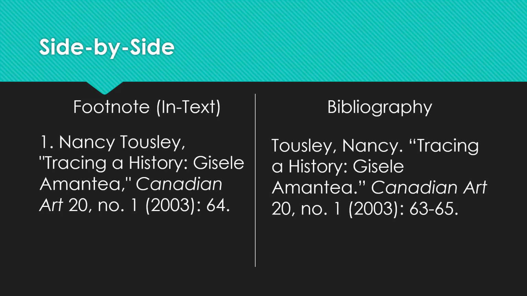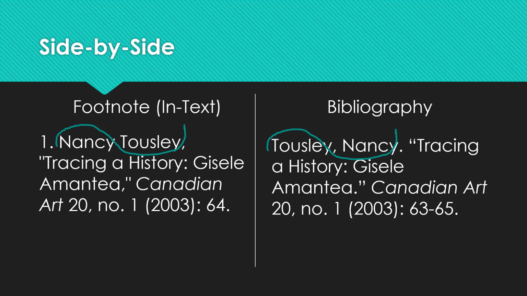In the footnote, you will have the actual page number where the information that is being used has been taken from, whereas in the bibliography, the entire article page numbers will be listed. You have 63 through 65 for this entire article.